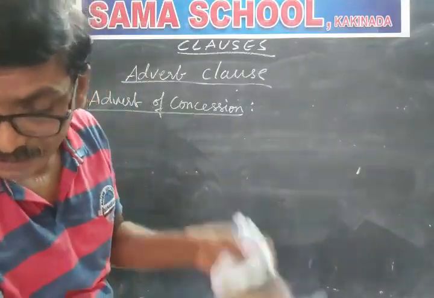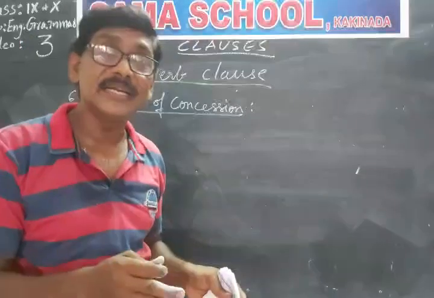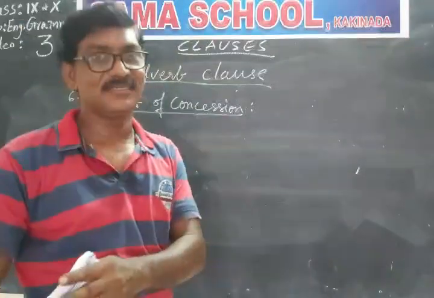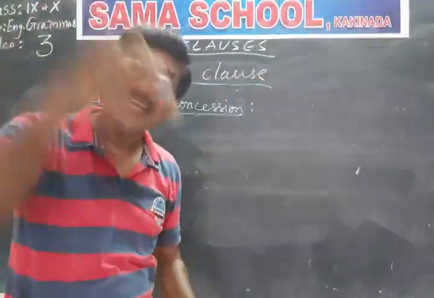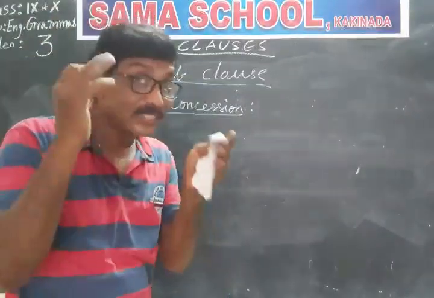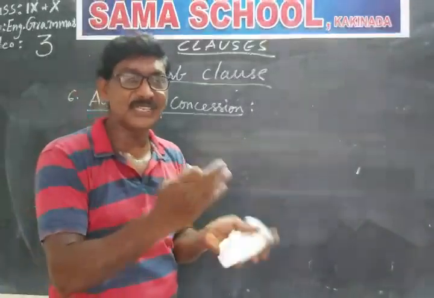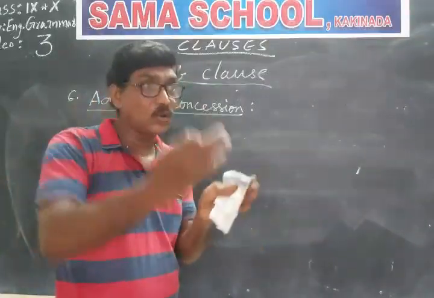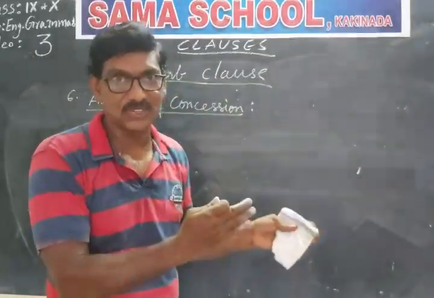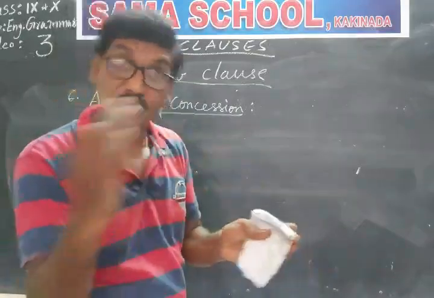It offers a statement. It offers a statement which contrasts the main idea of the sentence. Sentence యొక్క మెయిన్ ఐడియాకి ఇది కాంట్రాస్ట్ అవుతుంది అనమాట. కాంట్రాస్ట్ అవడం అంటే భిన్నం కాదు, కాంట్రాస్ట్ అవ్వడం.